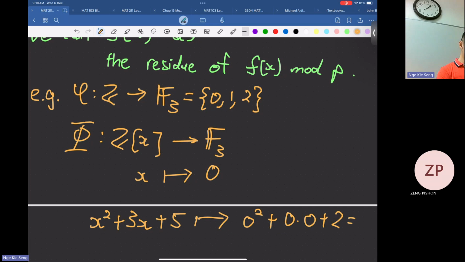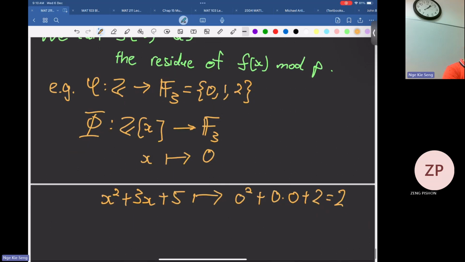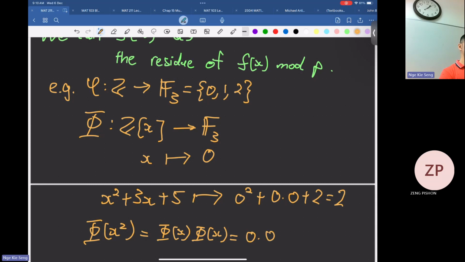So this polynomial gets evaluated to 2. What is phi of x squared? It is phi(x) times phi(x). What is phi(x) here? 0. So 0 times 0.